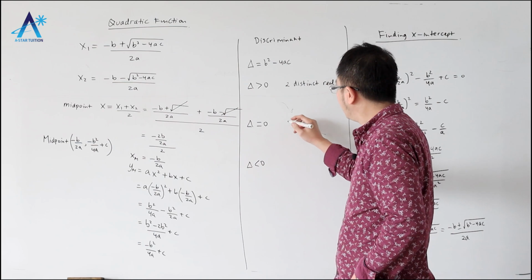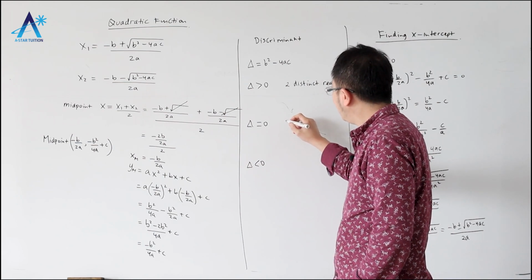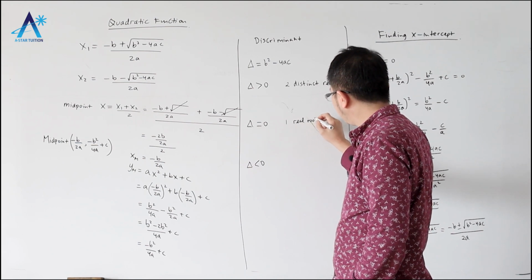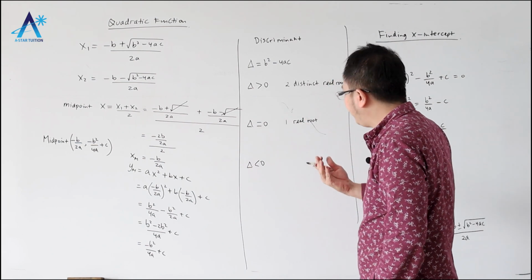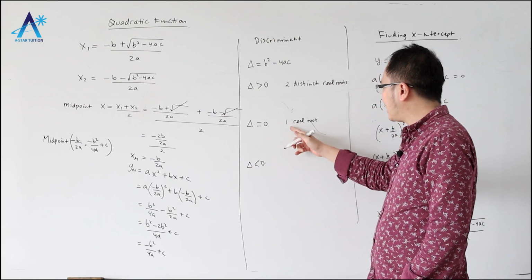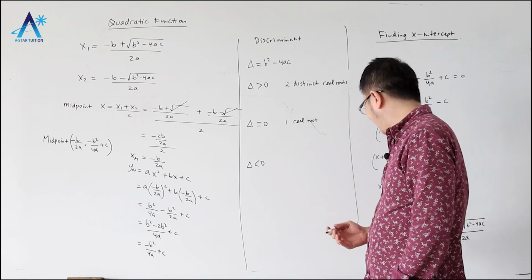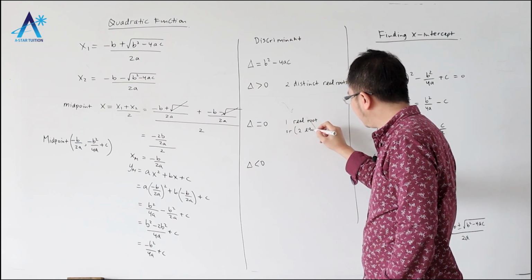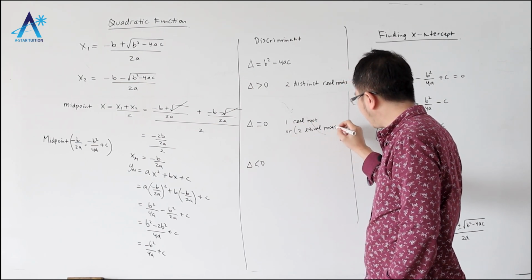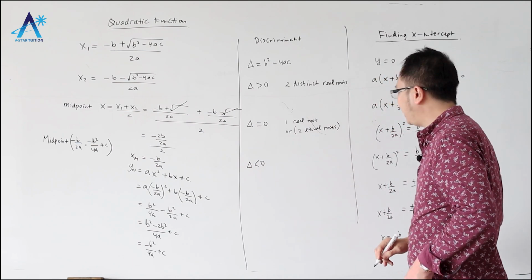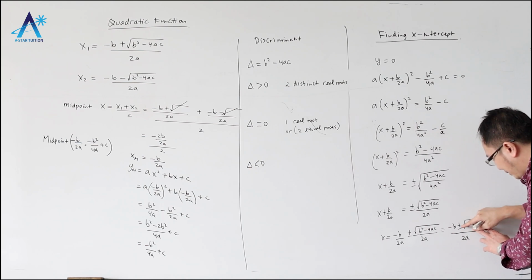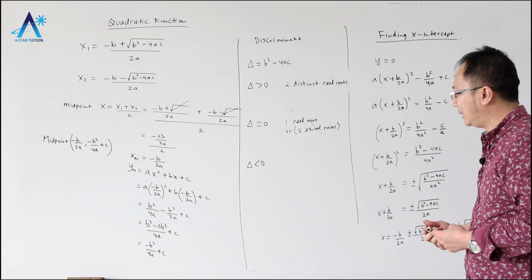So the conclusion is there is only one real root, or some people call it two equal roots. Let me emphasize one more time: the reason is because this is equal to 0, so positive 0 and negative 0 lead to the same number.